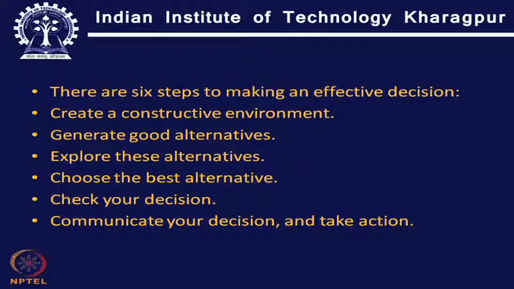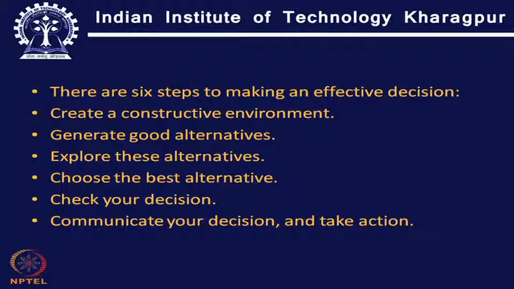There are six steps to make an effective decision: create a constructive environment, generate good alternatives, explore these alternatives, choose the best alternative, choose your direction, and communicate your direction and take action. These are the six well defined steps of making an effective decision.